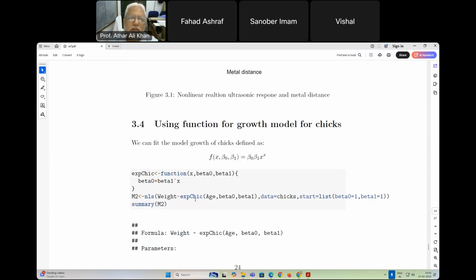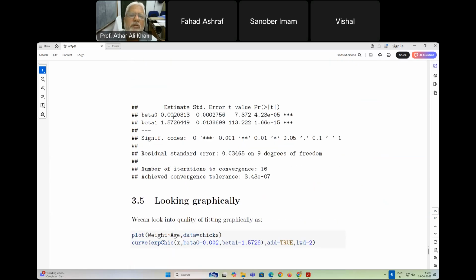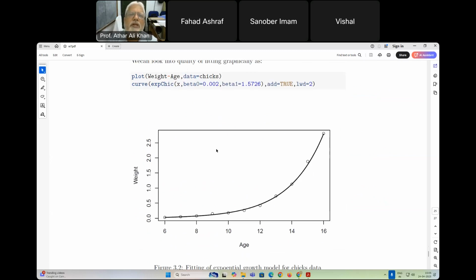And we have fitted this expo, and data is going to chicks, start is going to this thing. And we are getting the same result which we obtained earlier. Looking graphically also, as age increases, weight also increases, and this model fits well because most of the points are around the line.